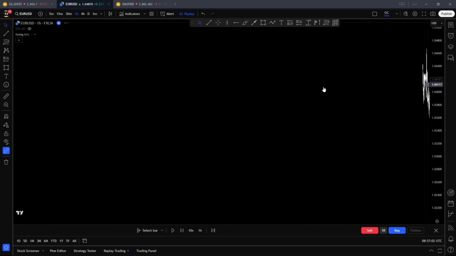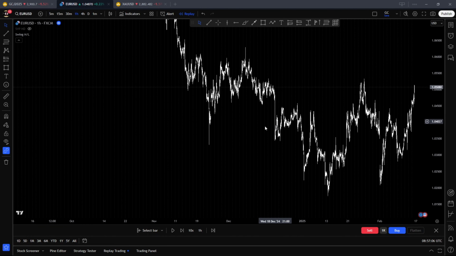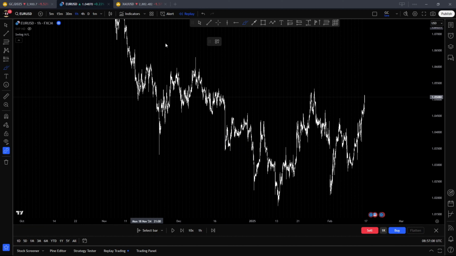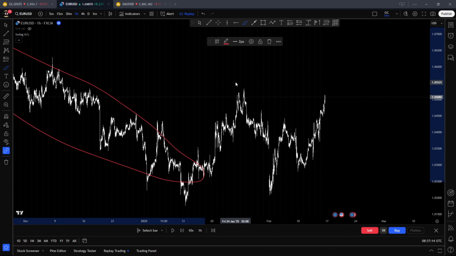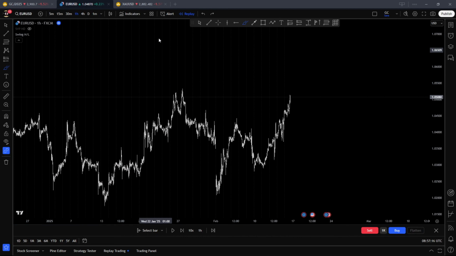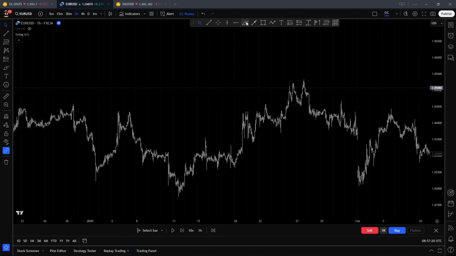Let's start from 1 hour to see. So on the 1 hour, you see that we are moving straight to the downside, and then what happened was that we sort of changed direction to the upside when price took out this major swing high.